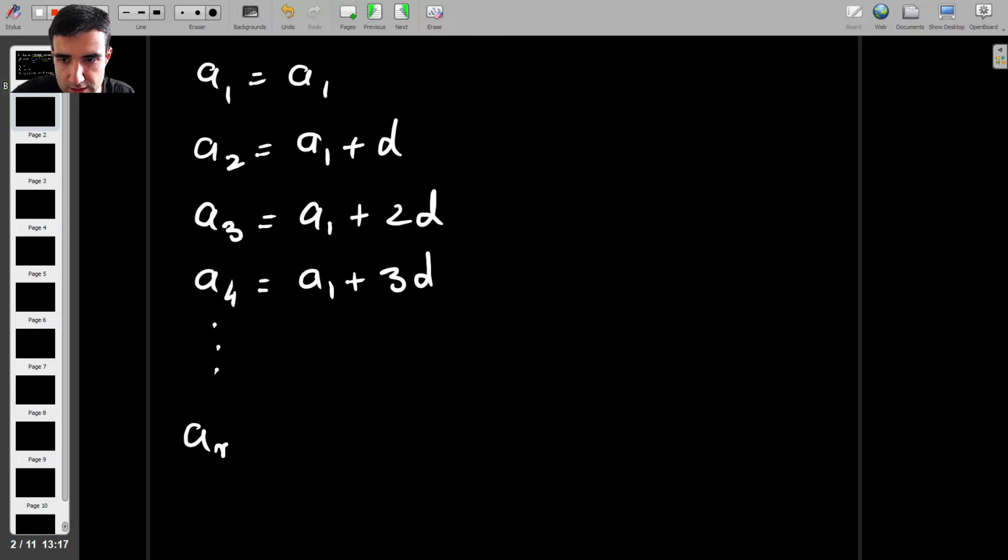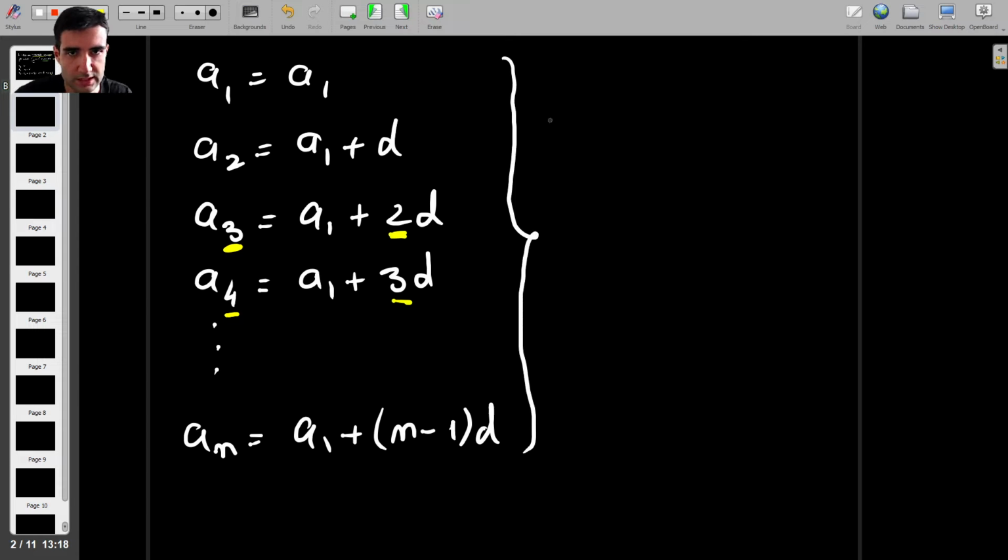So the nth term is going to be a1 plus, if you look at how this works, a3 has 2d in it, a4 has 3d in it, so an is going to have n minus 1 times d. Using this we can actually find what the sum of those n terms is.